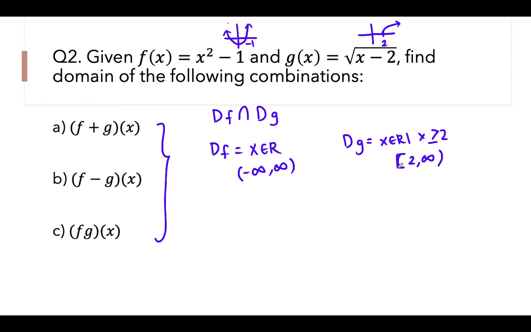If I draw a number line, for function f it could be any real number, but for function g it starts from 2 and goes this way. So where do they overlap? They will start overlapping from 2 onward. Therefore, the domain is [2, infinity). This is the domain for all 3 of these functions.